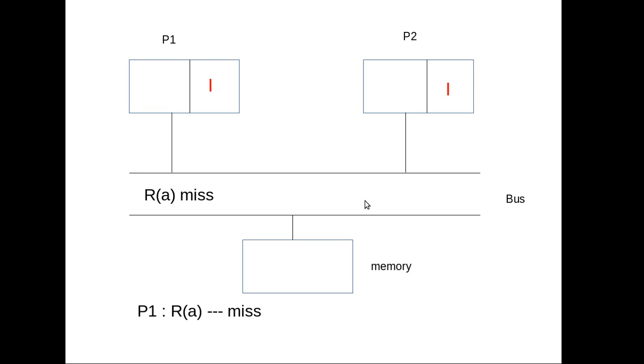So here, the first operation by P1 is R of A, where R represents the read operation on the data A. As the cache line is empty, it's a miss.